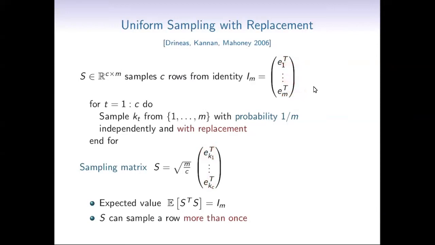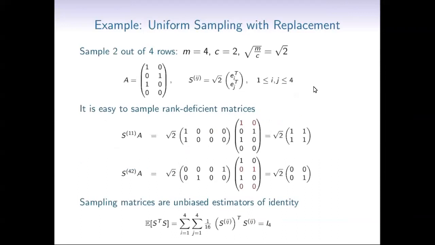We look at the indices which go from 1 to m, and we sample the indices uniformly with probability 1 over m, independently, that's important, and with replacement. So that means some of these indices here in the sampling matrix can be the same. And because we don't have the full matrix, we have our fudge factor to make sure that the gram product is in expectation the identity. Okay, so this is the algorithm.